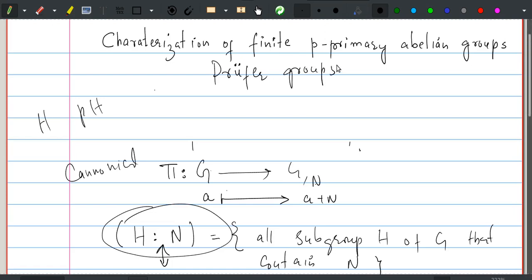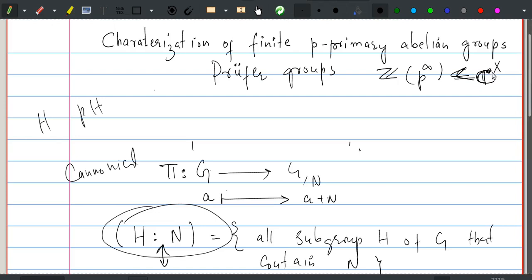Actually they are subgroups of the infinite cyclic group C. These groups are defined as Z of p to the power infinity. This is actually a subgroup of C infinity. This is a subgroup of this group.